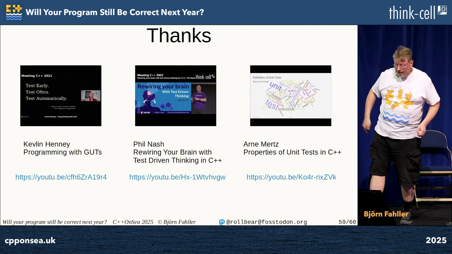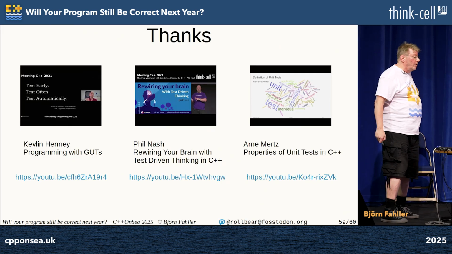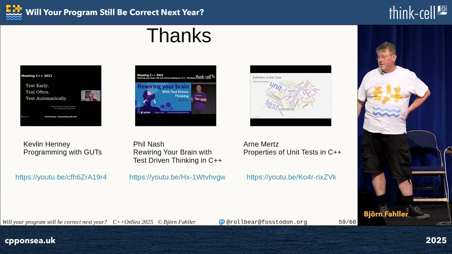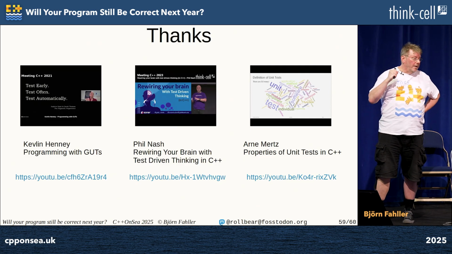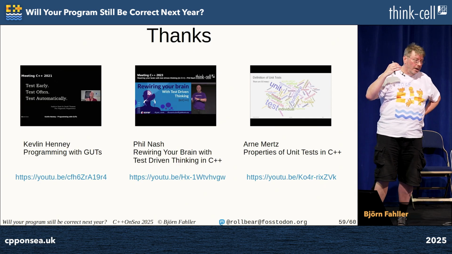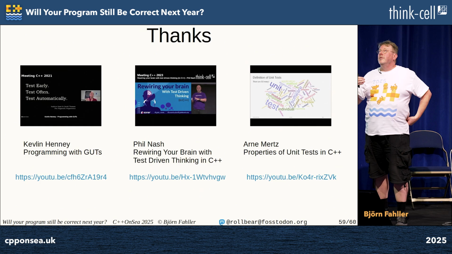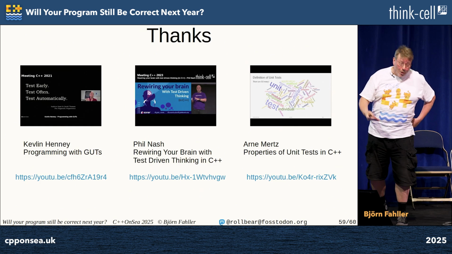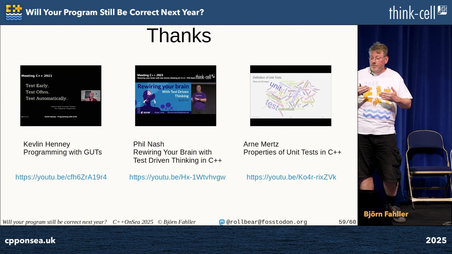Arne, who is sitting here, had a number of talks called "Properties of Unit Tests in C++," where Arne focuses on things to think about, things that are important to avoid, actually, and also things that are important to include when you write tests.